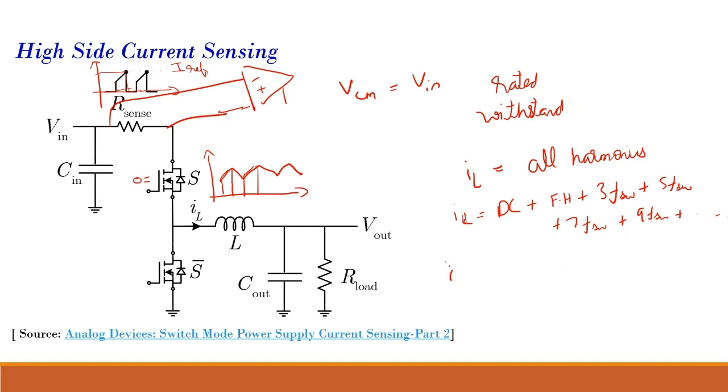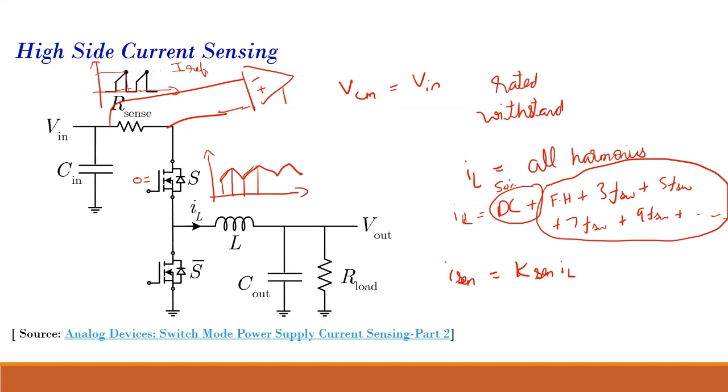Now if my sense signal should be actually a sensed gain into IL, it should have all these harmonic components and the DC component, and this will go on till infinity. But as you increase the order of the harmonic, the content reduces. This may be 50%, this may be 40%, this may be 3%, this may be 2%, this may be 1%, like that.